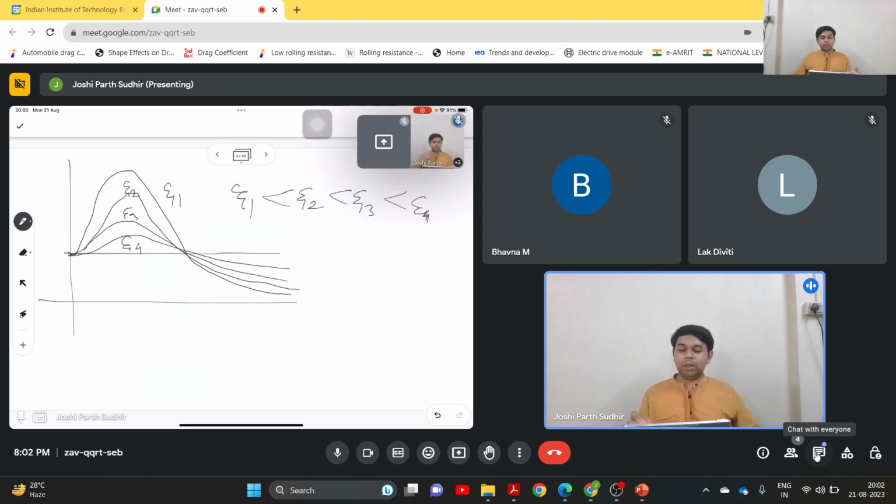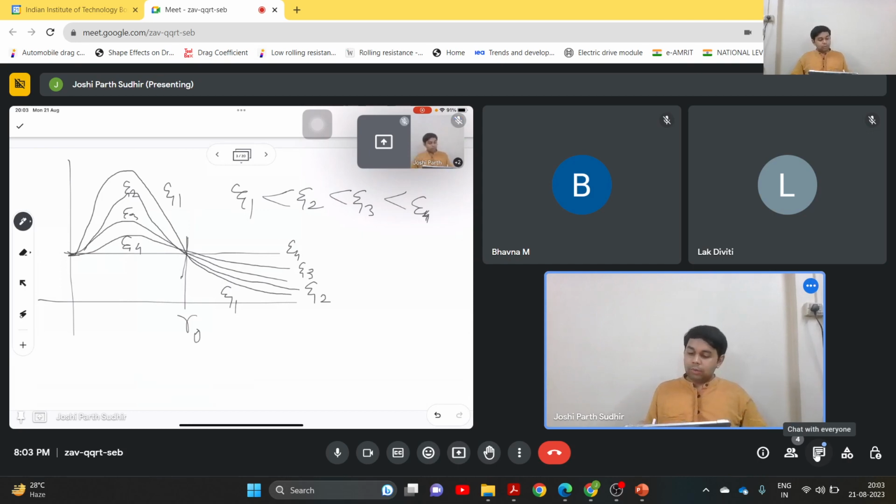So when we increase the damping, there is one frequency ratio, let us say R naught here, at which some crossover is happening. This curve zeta 1, which appears to be the highest one over here, becomes the lowest one over here, and correspondingly zeta 2, zeta 3, and zeta 4.